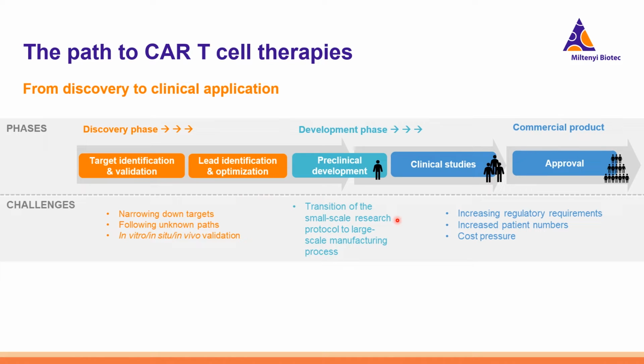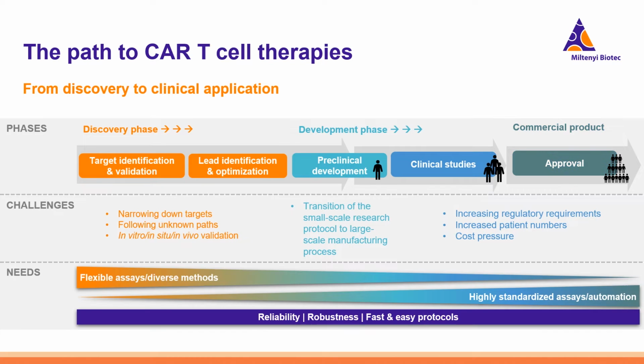In the translational phase, you need to transfer your small-scale protocol to a large-scale process, and later on, you also need to take care of regulatory requirements, deal with increasing numbers of patients, and of course, always keep an eye on the costs. And of course, although the needs will change, at the discovery phase, you need a high degree of flexibility and a diverse set of methods, whereas later on, standardization and process automation will be key. And by this, it becomes obvious that the path to CAR T cell therapy is not an easy one.